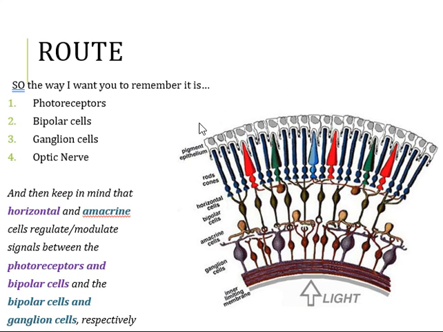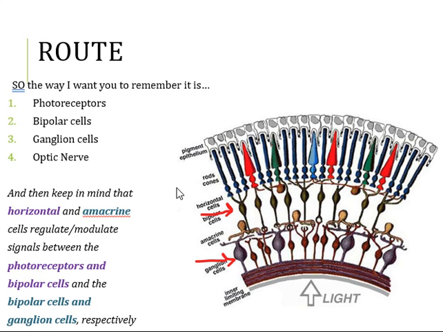So we have photoreceptors here. Sorry about my haphazard drawing, but we go from photoreceptors to bipolar cells here, and then we go to ganglion cells that are the most anterior to the retina.